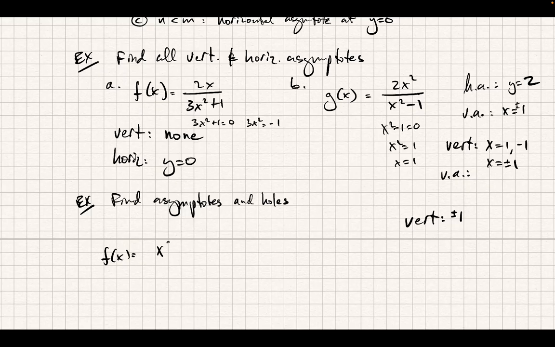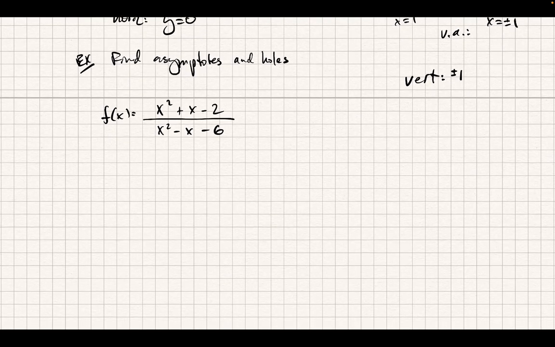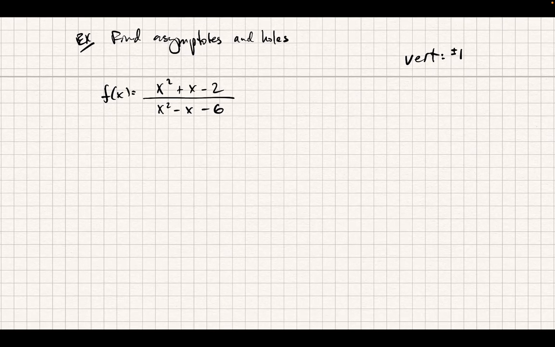Also, when a specific number results in an error in the function. No, because asymptotes also do that. So vertical asymptotes is when the denominator goes to 0 to make your equation blow up. That's a vertical asymptote.